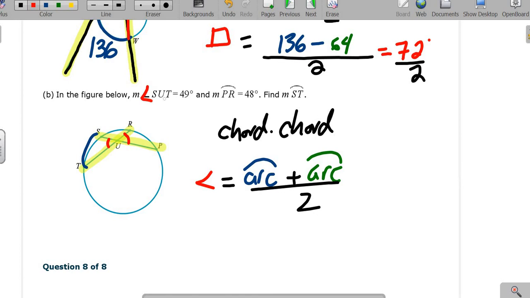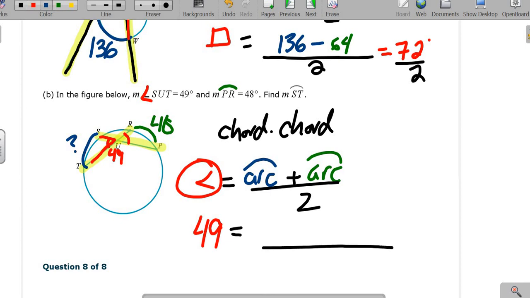We are told the measure of angle SUT is 49. So we are given this angle. We're told that P to R, the arc, is 48, and we're being asked to find this arc. So circle, plug, chug. 49 goes there. Equals big arc, which we don't know, plus the other arc, which we do know is 48, over 2.